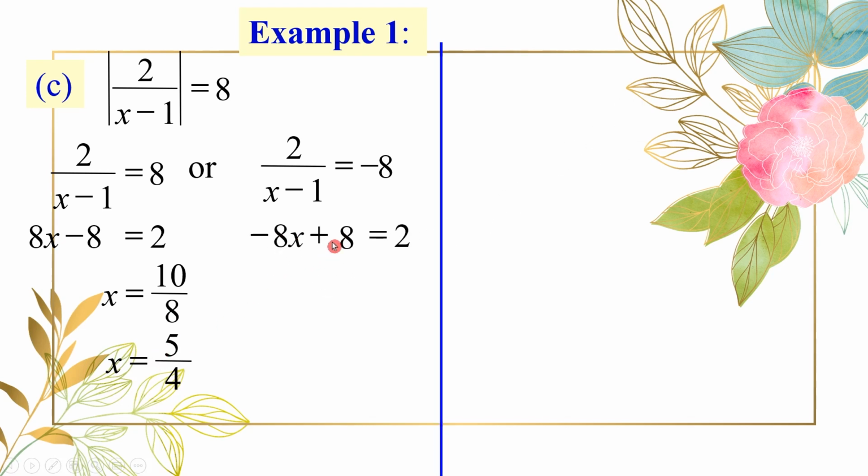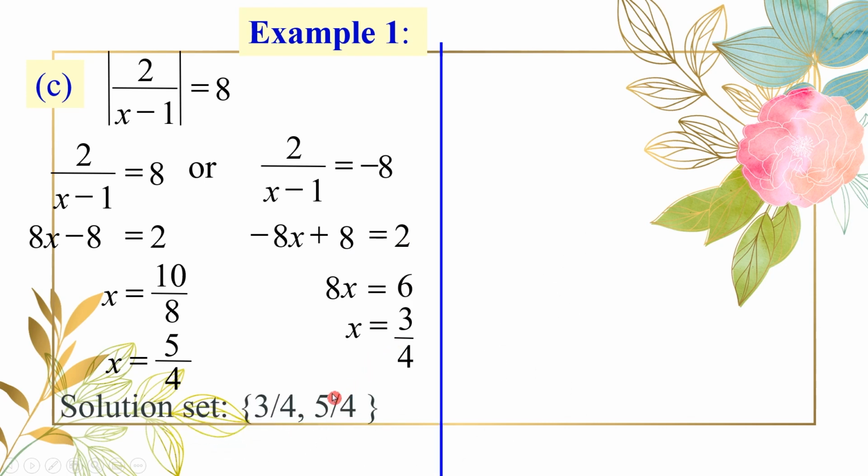For the second part on the right, as usual, we bring the denominator to the right, so becoming -8x + 8 = 2. And then we bring 2 to the left, 8 - 2, becoming 6. And then x = 6 over 8 gives us 3 over 4.